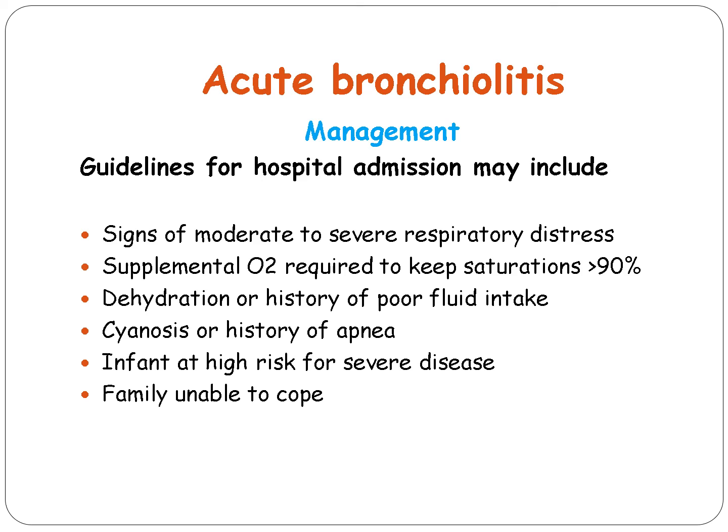Hospital admission is indicated if any of the following are present: signs of moderate to severe respiratory distress, persistent oxygen saturation of less than 90% on room air, so the patient needs oxygen supplementation to keep the saturation above 90%, dehydration or poor fluid intake, history of apnea or cyanosis, if the infant is at high risk for severe illness, or if the family is unable to cope with the child's condition.